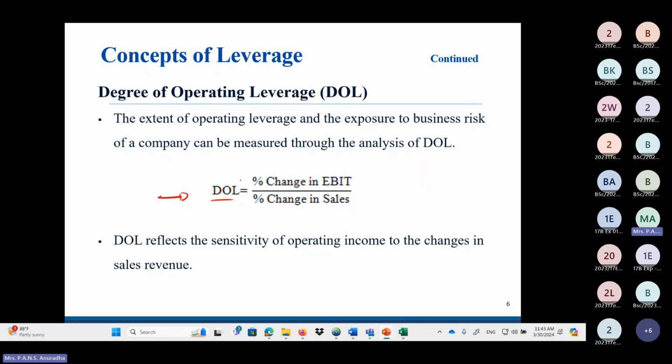This degree of operating leverage measures the sensitivity of operating income to the changes in sales. If you look at this formula, percentage change in EBIT divided by percentage change in sales, it shows the sensitivity of the operating income to the change in sales. Suppose that your degree of operating leverage is, say, 1.2.